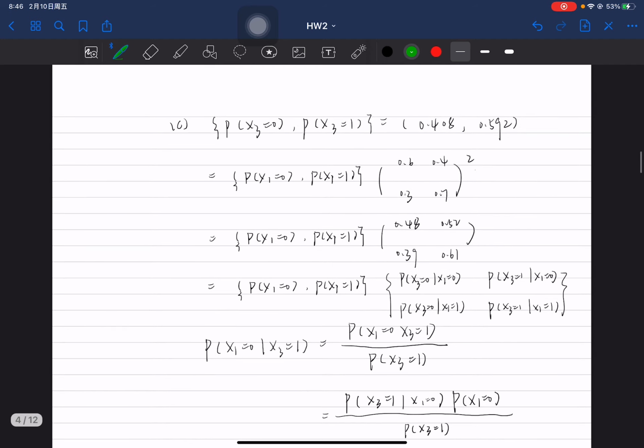For question C, we should find the conditional probability of x1 equals 0, assuming x3 equals 1.